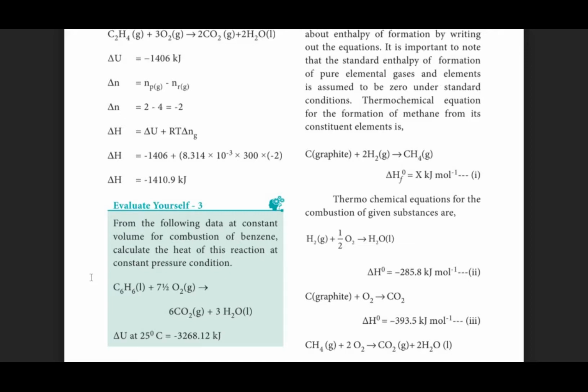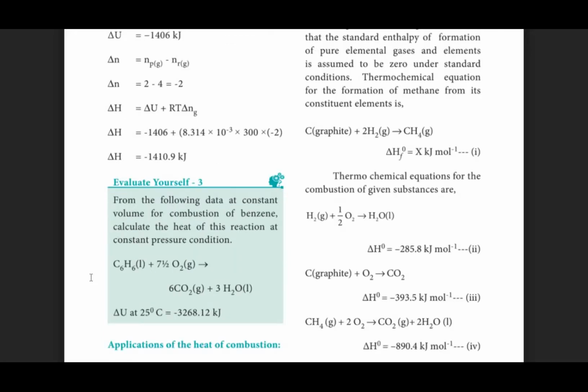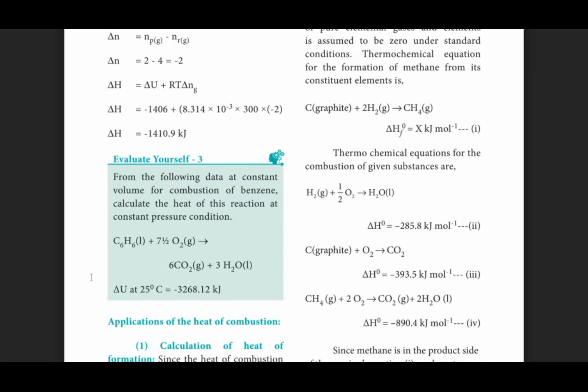Their enthalpy of formation is 0 under standard conditions. So the thermochemical equation for the formation of methane from the constituent elements is C (graphite, solid) plus 2H2 gives CH4. Here the delta H formation we are going to calculate, so we consider it as X kilojoules per mole.